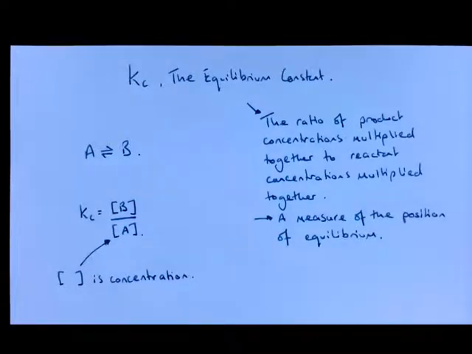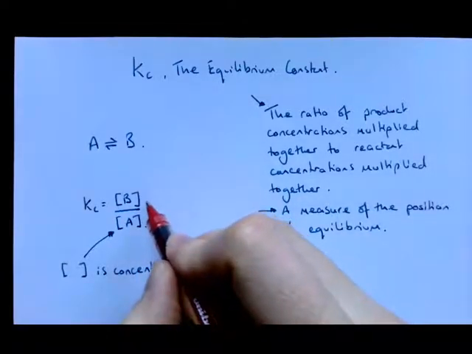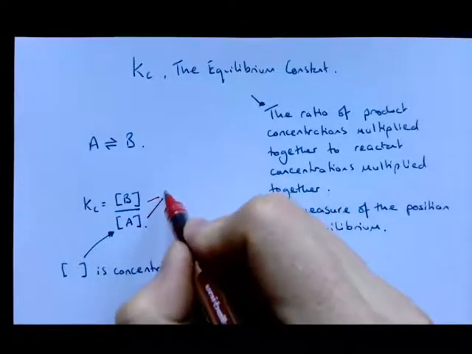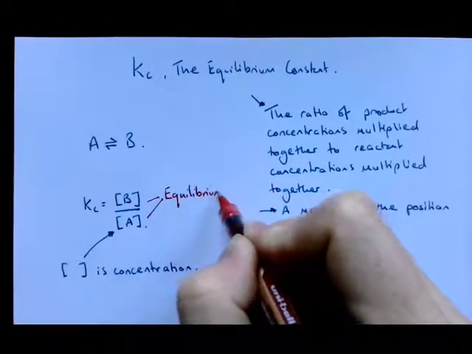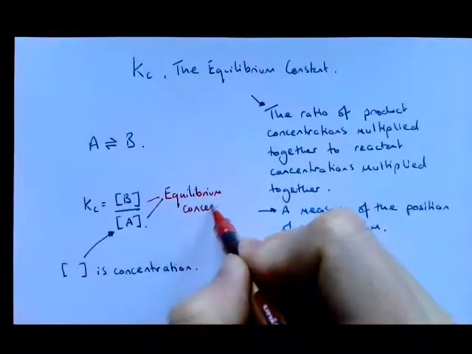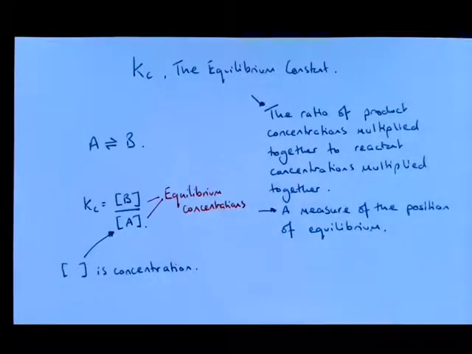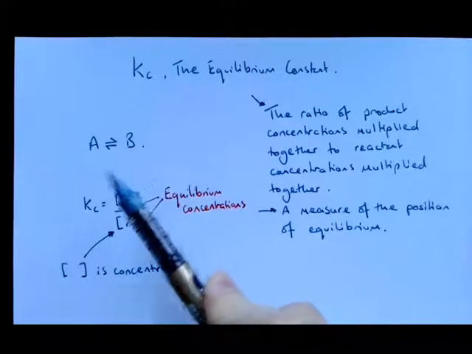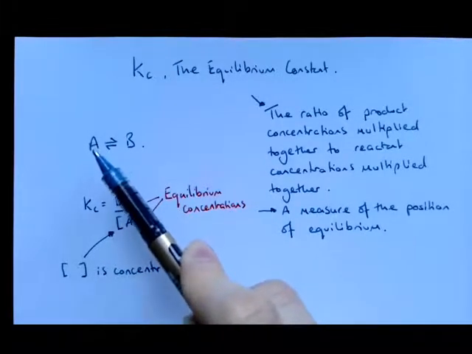Okay, and also we want to say that for this situation, these concentrations are the equilibrium concentrations. Because obviously what could happen is, if I want B, I could just put A into my reaction system.